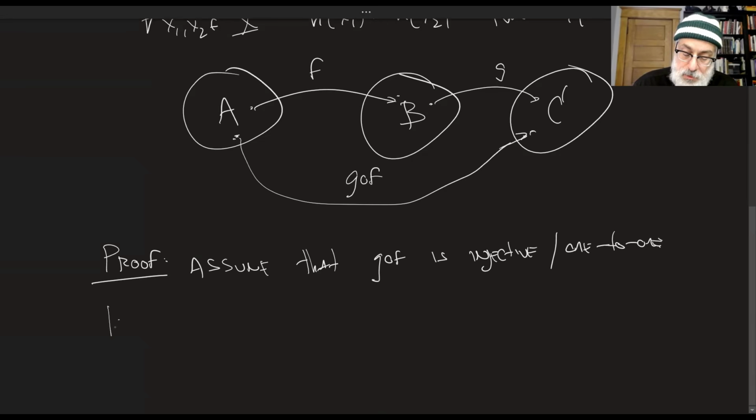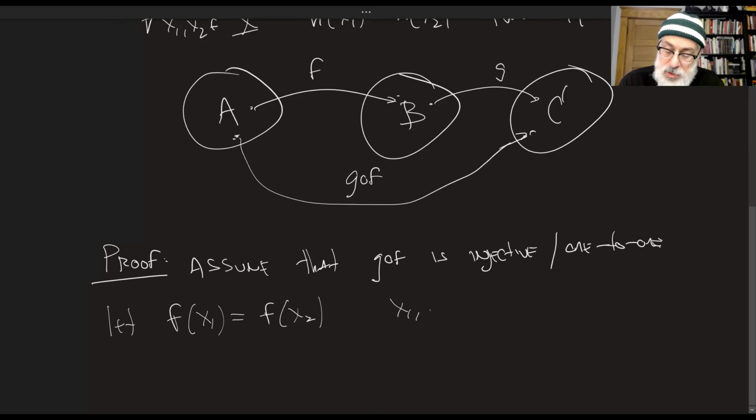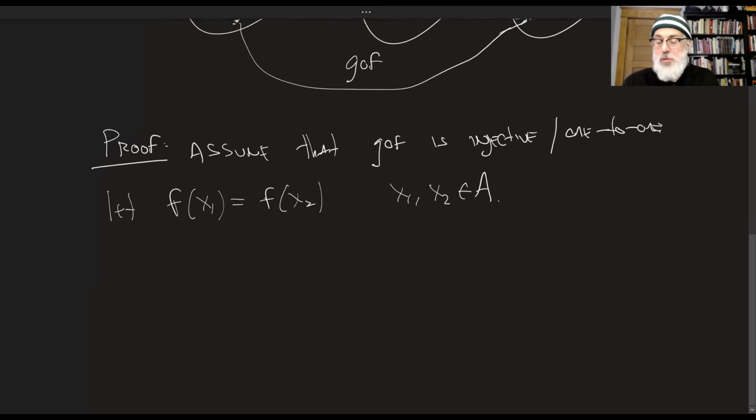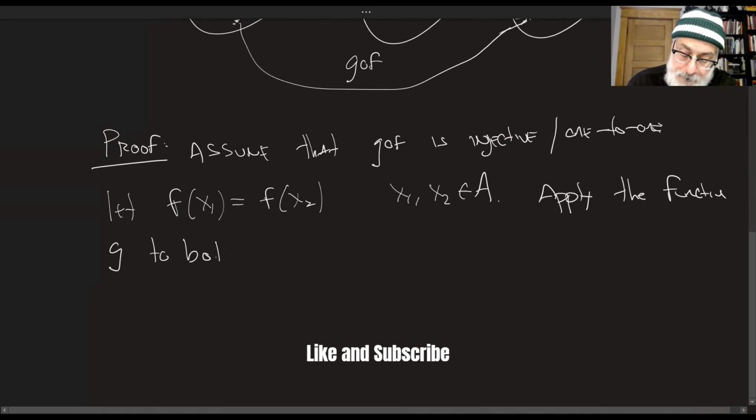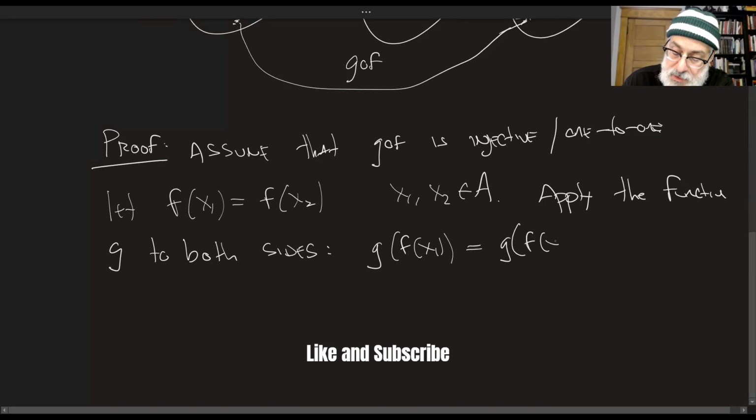So let's let F of x1 equal F of x2, where x1 and x2 are in the set A. What we can do here is apply the function G to both sides. And then we get G of F of x1 is equal to G of F of x2.